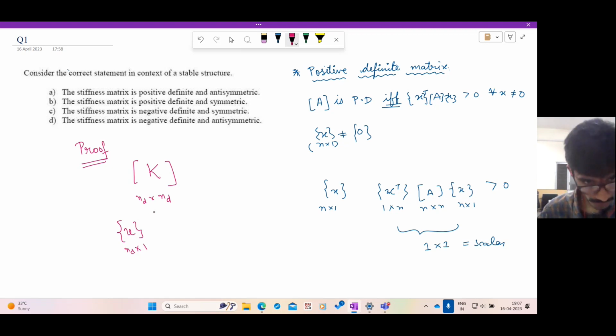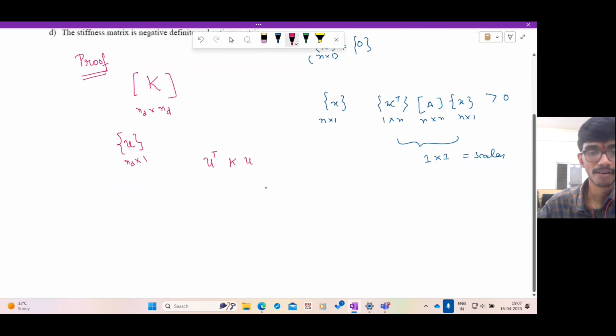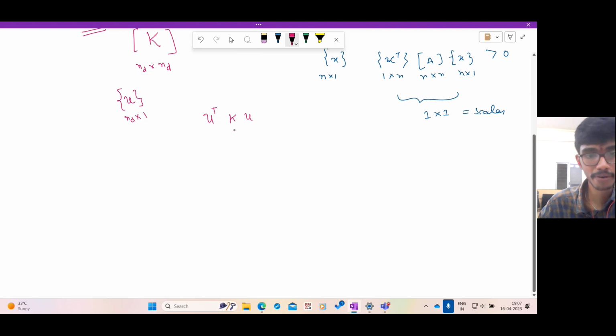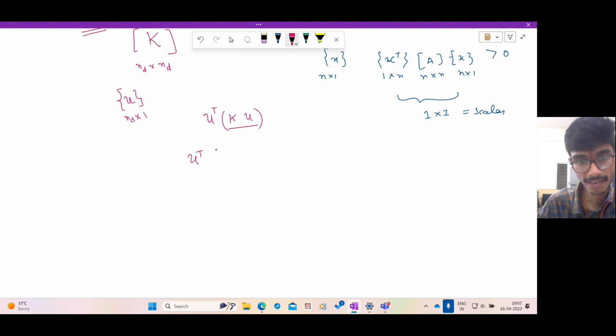Now, in this case, what is U transpose K U? So this is what we need to compute. But what is KU? Let us group it this way. If you group it this way, you get KU. But KU is equal to F, which is the vector of nodal forces.